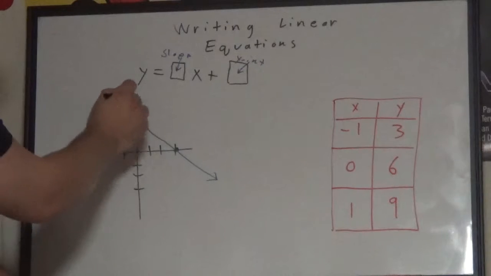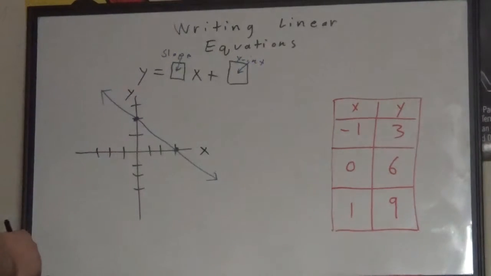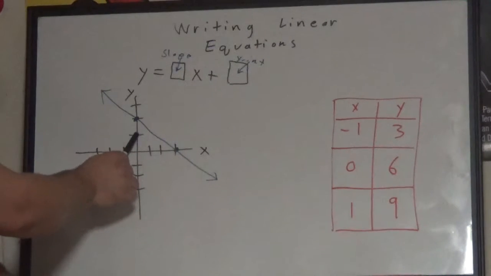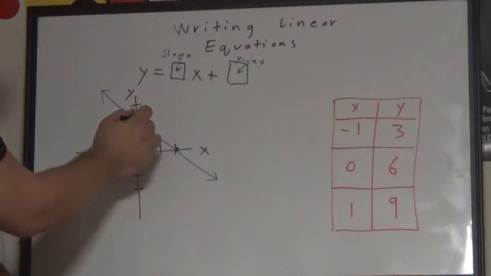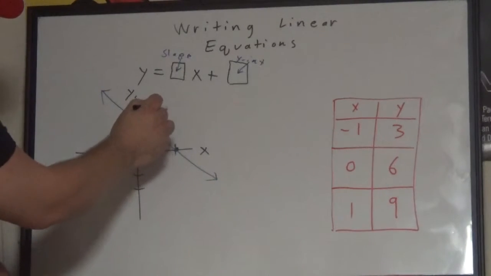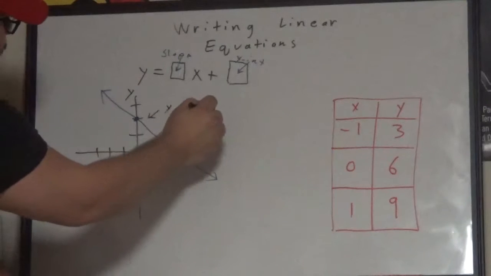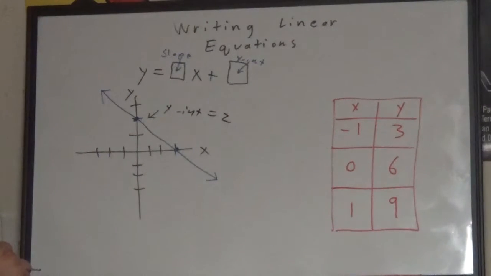Now here's our y-axis and our x-axis. And on the y-axis, where does it cross? 1, 2. So it crosses at 2. This is the y-intercept. The y-intercept is 2.